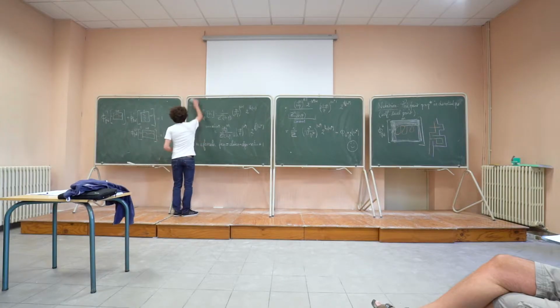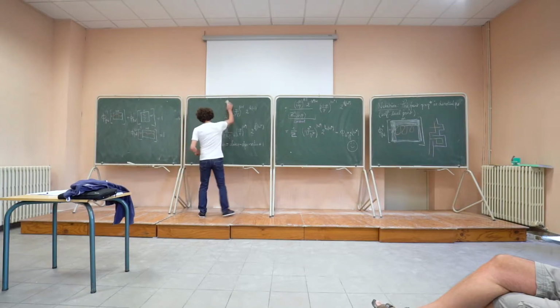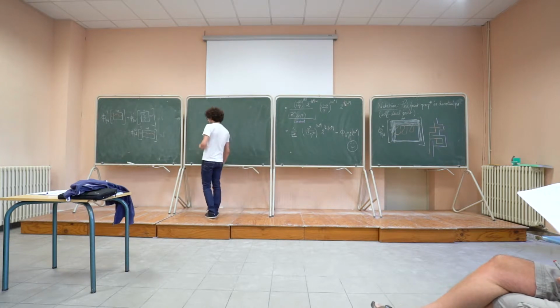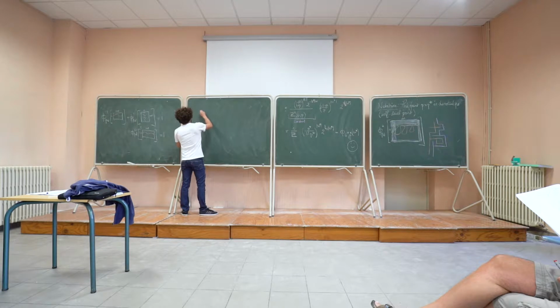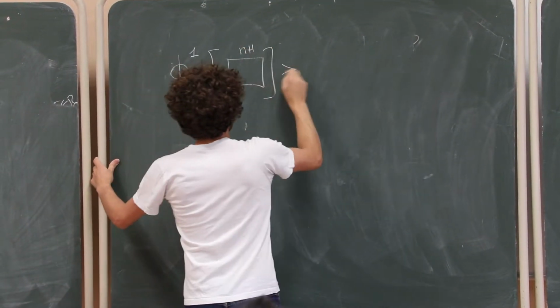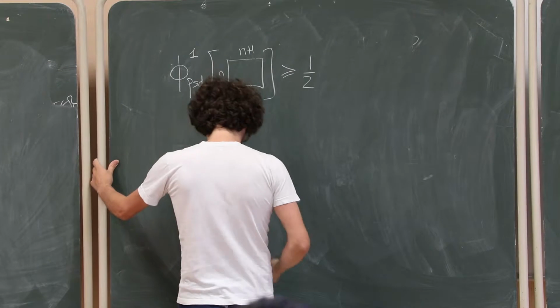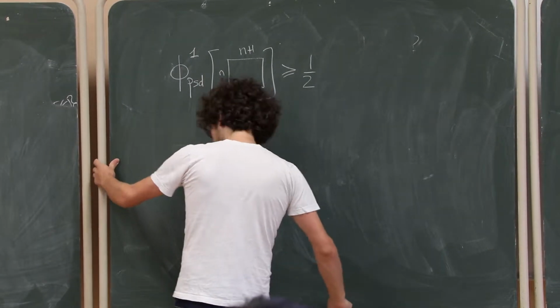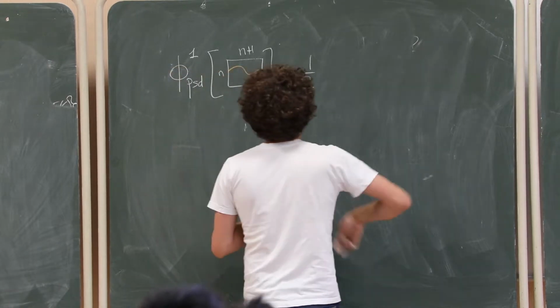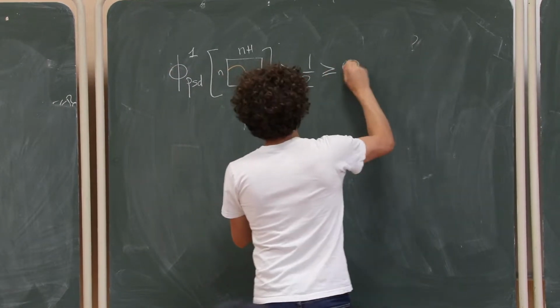And what does it imply? Well, it implies something slightly weaker than what you get for Bernoulli percolation, which is that crossing probabilities for wired are larger or equal to 1/2, and for free are smaller or equal to 1/2.